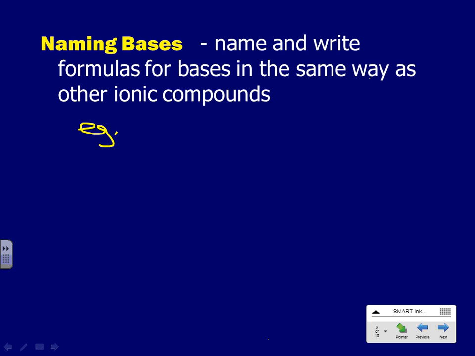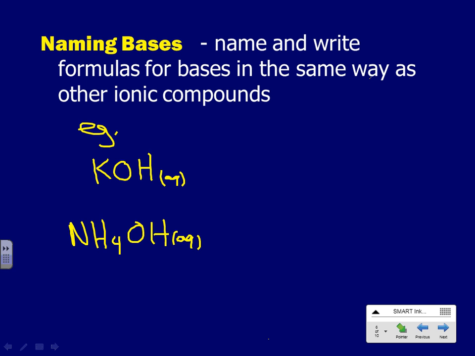So let's name this particular one. And again, it's got to be aqueous. It's got to be dissolved. And we'll do one more. And with your periodic tables, you should be able to name those ionic compounds. They're simply the ionic compounds that have hydroxide at the back end. If it's got hydroxide at the back end, it's going to be a base.